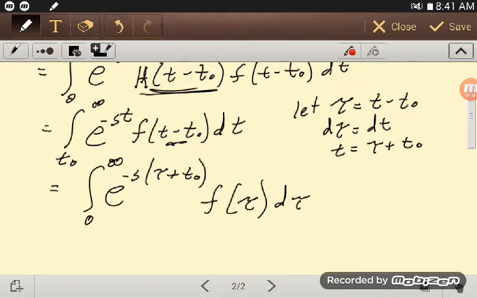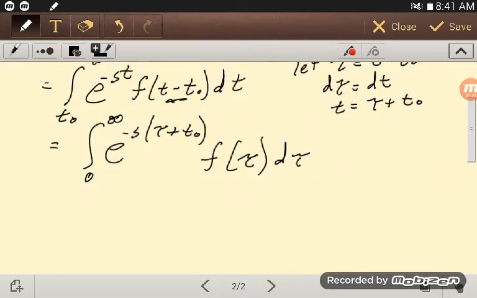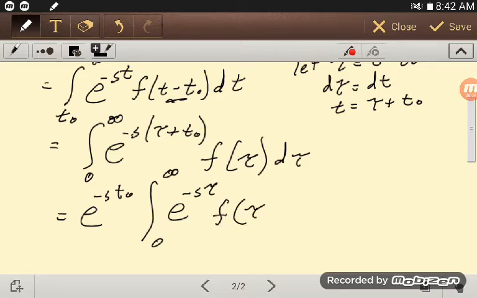Well, multiply through by the minus s up here, and we'll get e to the minus s times t0. Those are constants. t0 is a constant. As far as this integration is concerned, s is a constant. And so we're going to have e to the minus s t0 like that, times the integral 0 to infinity e to the minus s tau f of tau d tau.